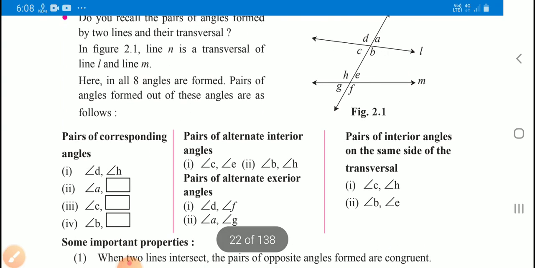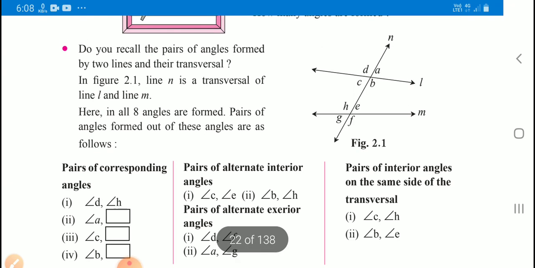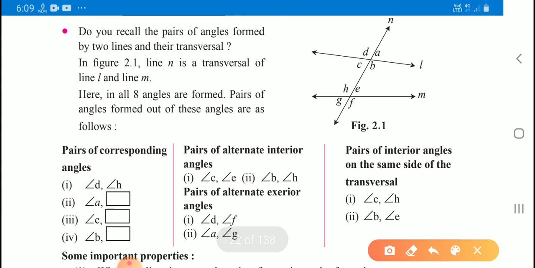Here, if two lines are parallel to each other and transversal intersects those lines, then we will get the intercept. Okay, here I will show you the intercept. This is the intercept formed by two parallel lines and one transversal. Okay, now nearby that intercept you will get the four angles.